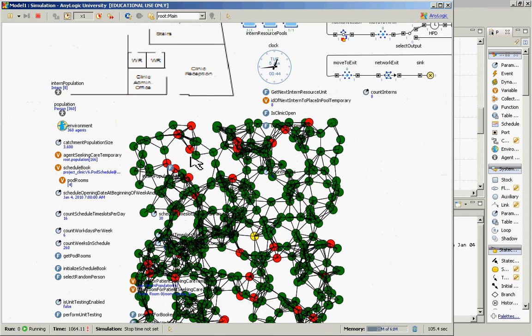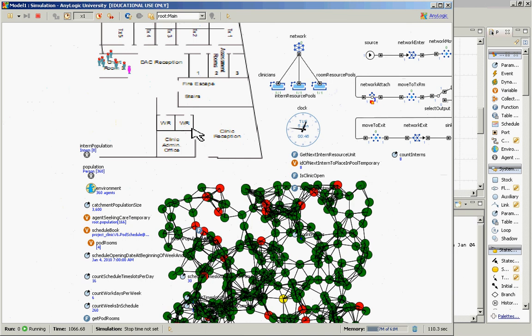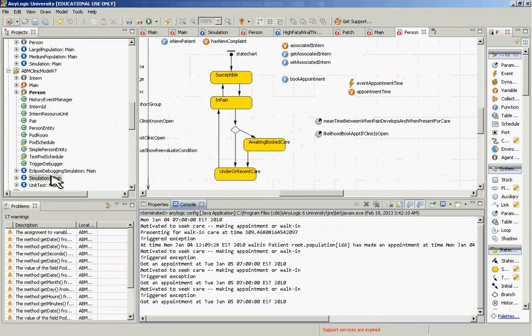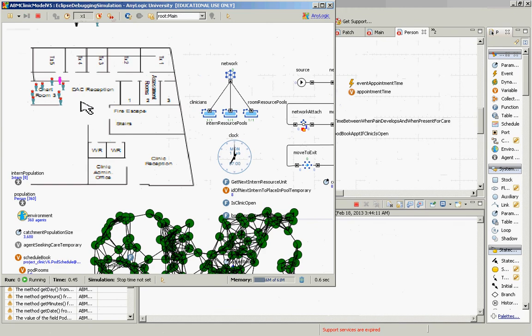So in this case, this network interplays with this top environment to yield dynamics that can be measured both in terms of individual progression and in terms of the throughput for the facility.